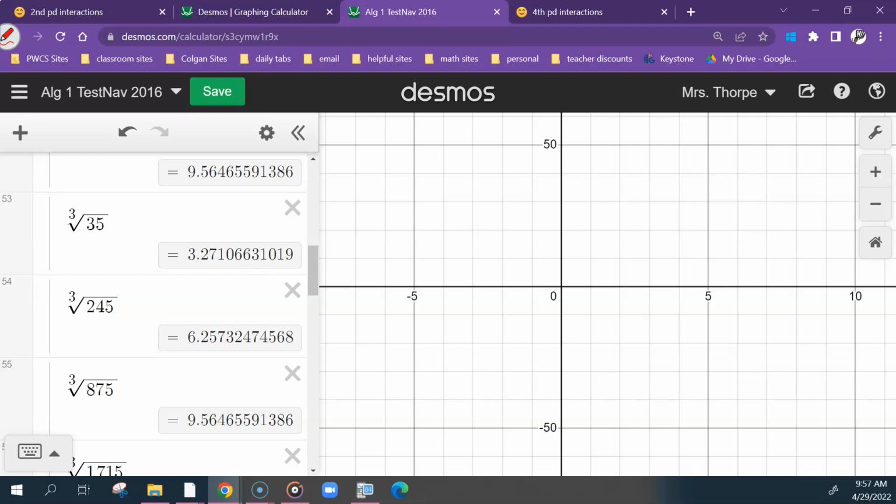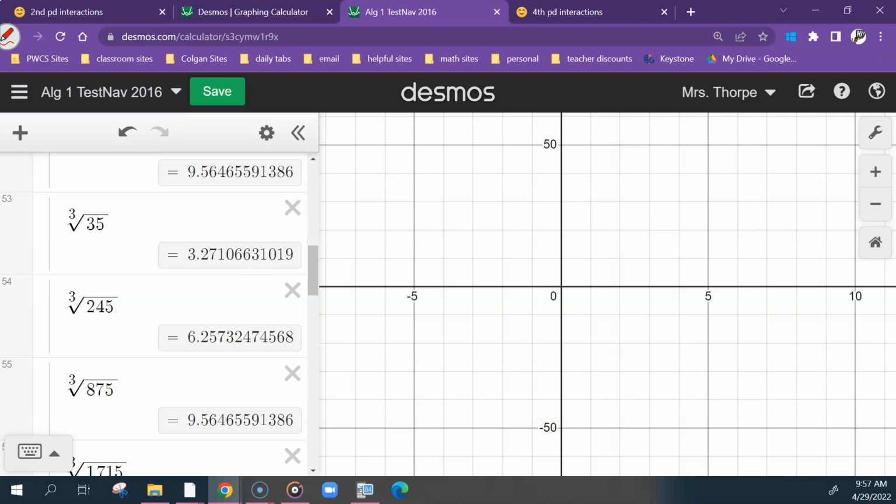8, if you were to put, say that again. Which letter is that? C. 8 you could put into Desmos, but you would be trying a bunch of different combinations to see which ones match. That one I would say just do it by hand.